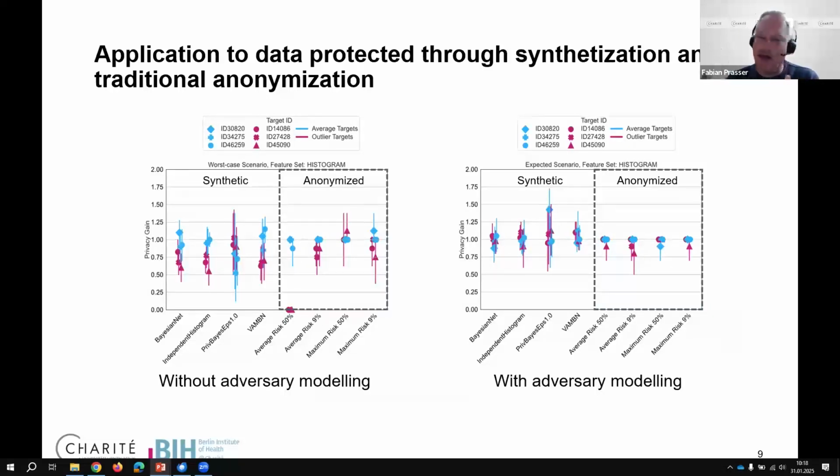And as I mentioned, the interesting part here really is, and it's not something that has been studied a lot in the literature before, that those metrics can be applied to synthetic data and anonymized data to perform some form of comparisons, and also gain insights into what I mentioned before, the question whether or not synthesization works better than traditional anonymization in a certain context.